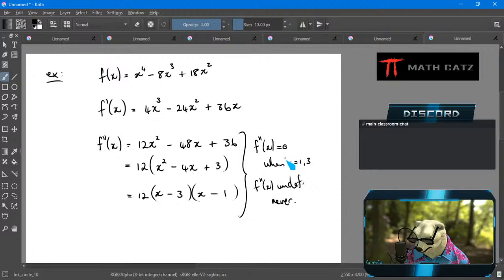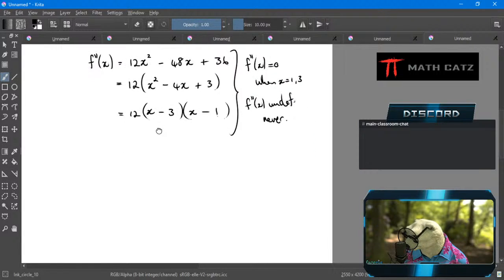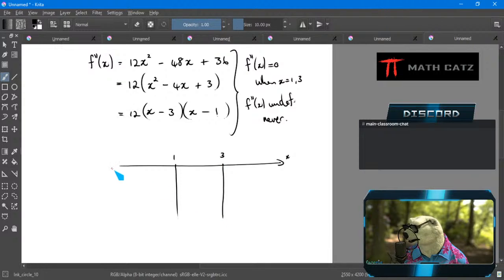Okay. So we're making progress. Now everything that I get out of this check, those are the x values that I'm going to list, and that's going to split my x-axis up into, in this case, 3 intervals.